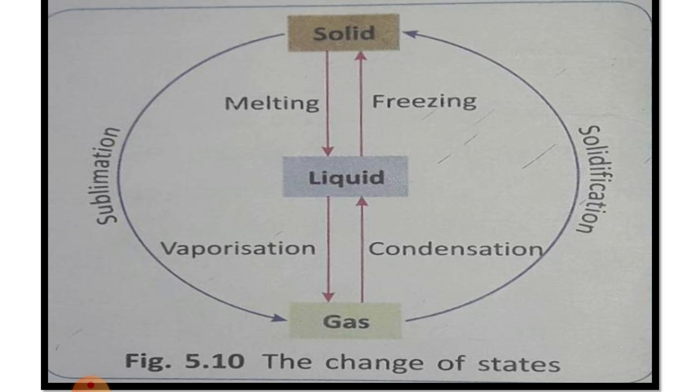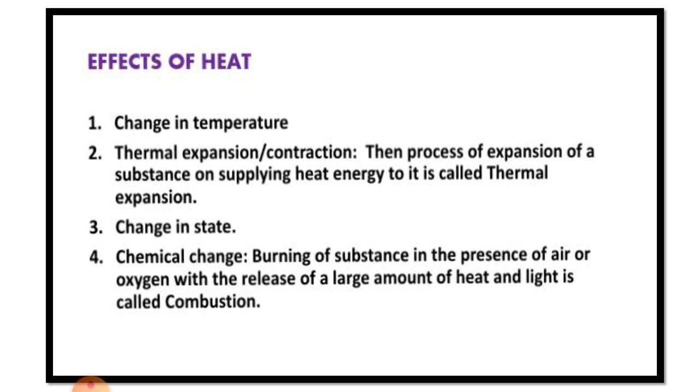So these are the changes in state. All these occur due to the gaining of heat energy or release of heat energy. And the last thing is chemical change. Burning of a substance in the presence of air or oxygen with the release of a large amount of heat and light is called combustion.